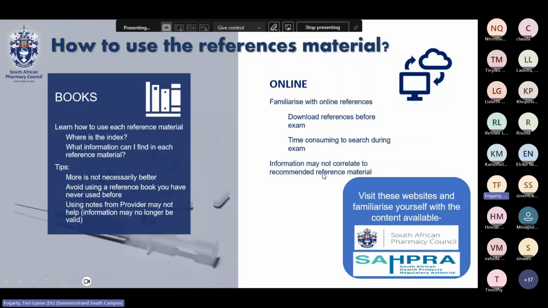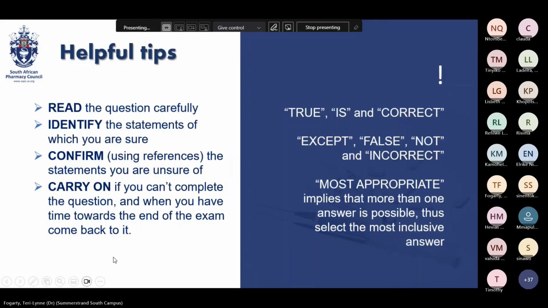We don't limit our questions also to a specific reference source. So don't also fall into the trap of thinking, okay, it's fine, these are the recommended reference sources, so all the information must be in here. Okay, it's also about your practice environment. So we ask practical questions, skills-based questions that you are expected to know through your work-based learning experience.